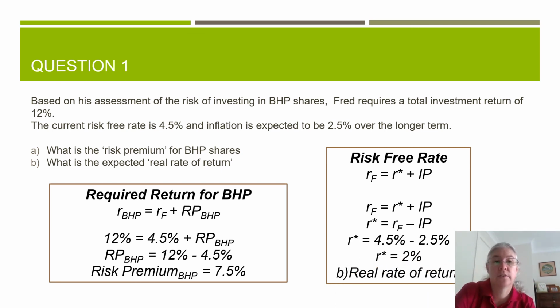Okay, so we know that the risk-free rate is 4.5% and the inflation is expected to be 2.5%. So subtract the inflation and then we've worked out that the expected real rate of return is 2%. Okay, have a practice of that and then we'll do some more in class.